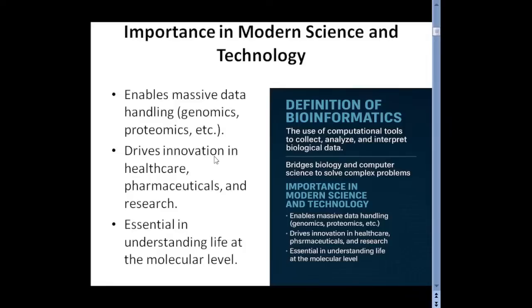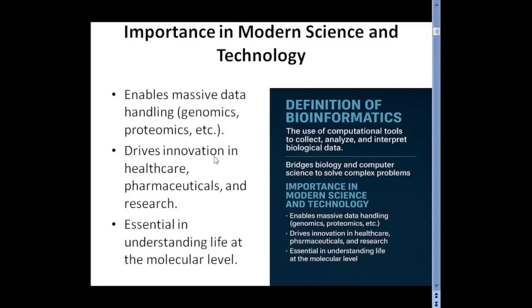Then an attempt to also interpret what proteins are, that is the study of proteomics. So bioinformatics will enable us to analyze every piece of information that concerns genes and proteins.